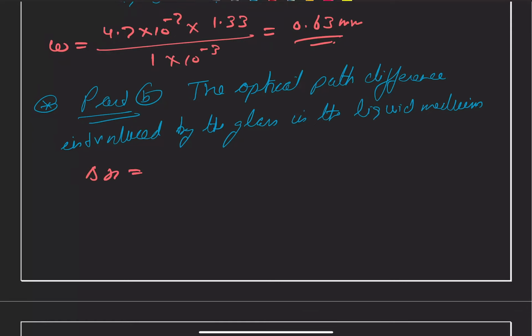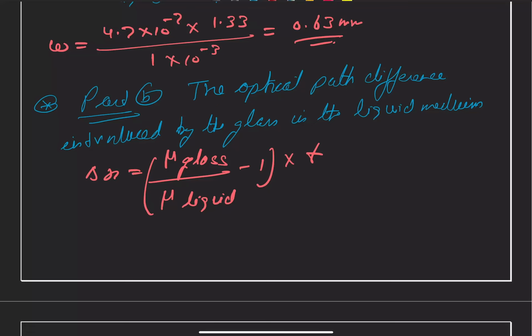Then this delta x will be equal to refractive index of glass divided by refractive index of liquid, minus 1, and this whole term multiplied by T, where T is the thickness of the sheet.